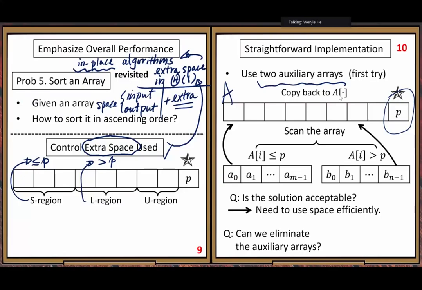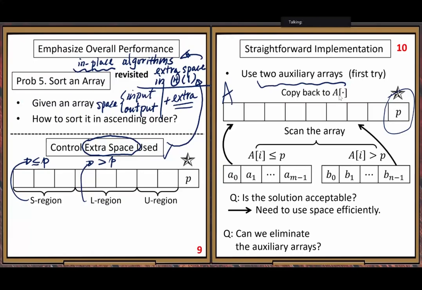Data in the S region, after processing, we place in the S region. Data in the L region, after processing, we put in the L region. But the remaining data is unprocessed, so we need to work on the data inside the U region. So we have these three regions to organize our data.